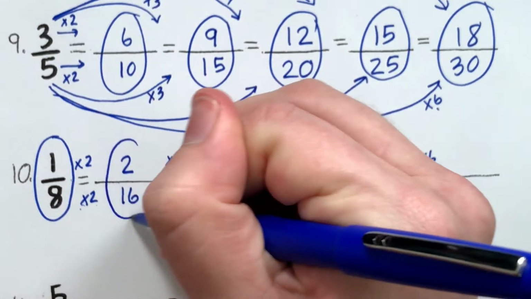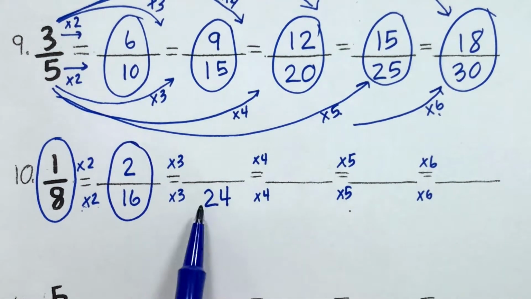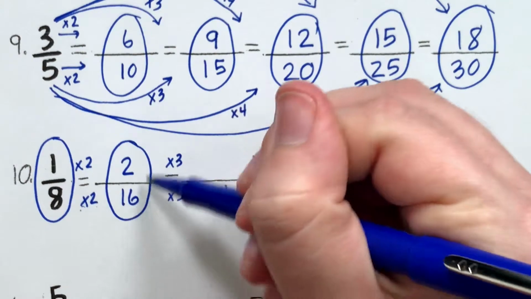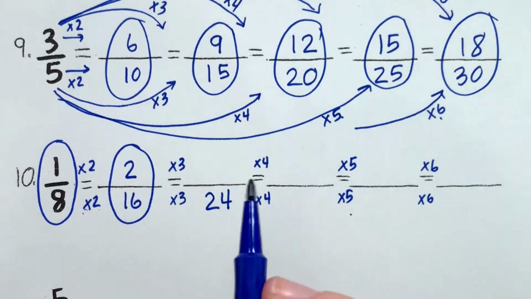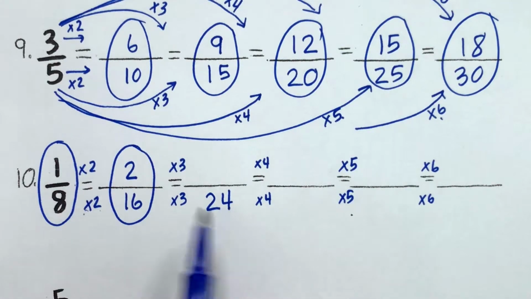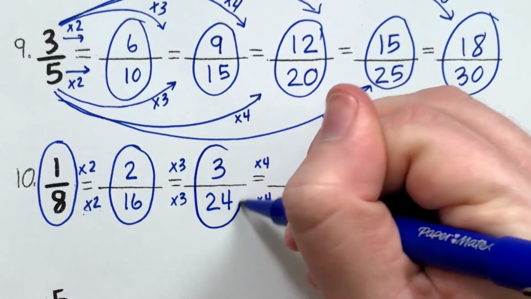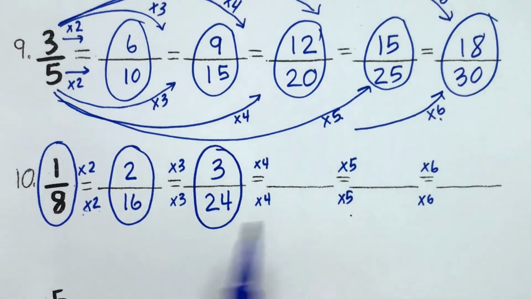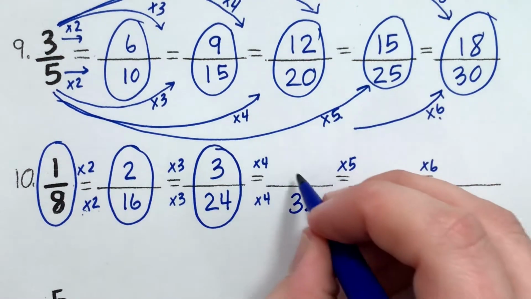And it may help to even just circle as you go so that these look a little bit more separated. Once you circle your equivalent fraction, it's like it's closed up. You can't multiply or do anything to it. So 8 times 3 is 24. 1 times 3 is 3. So this is now closed up, locked. Now let's go back to 8. 8 times 4, 32. 1 times 4, 4.